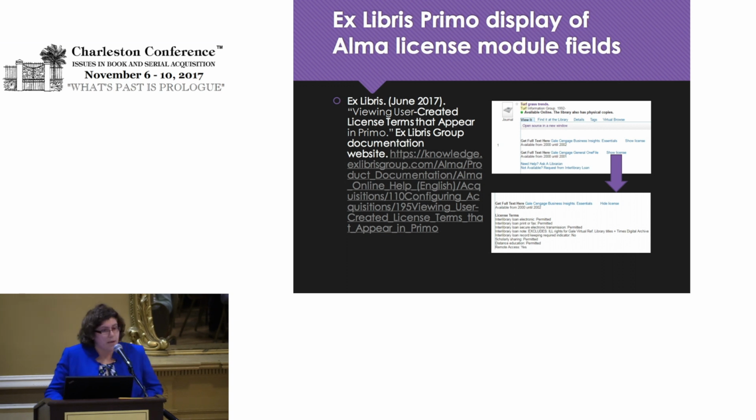Another thing that happened this past spring was that our metadata librarians configured our instance of Alma to have select license terms appearing in the search results. So we have our interlibrary loan use, we have our remote access use, we have walk-in permissions, scholarly sharing.